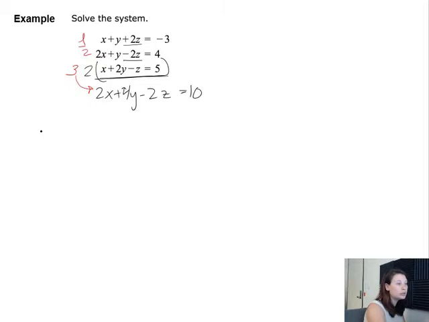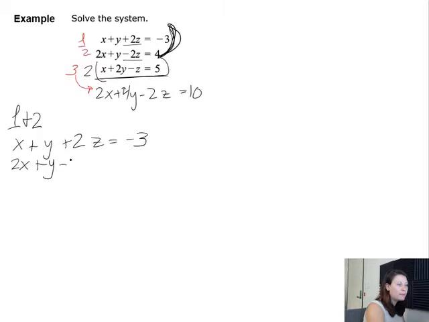We're going to take 1 and 2 first and add them together. So we have x plus y plus 2z is equal to negative 3, and 2x plus y minus 2z is equal to 4.